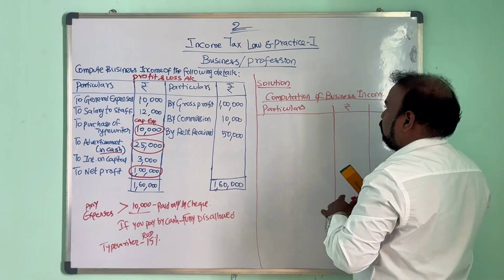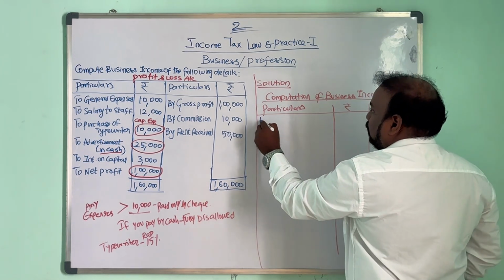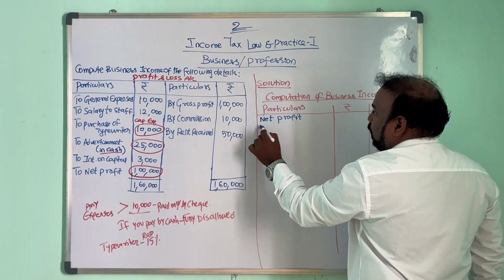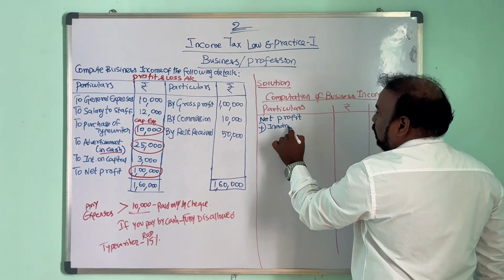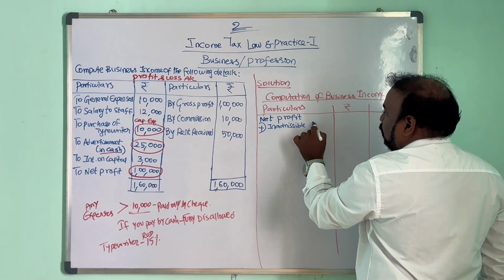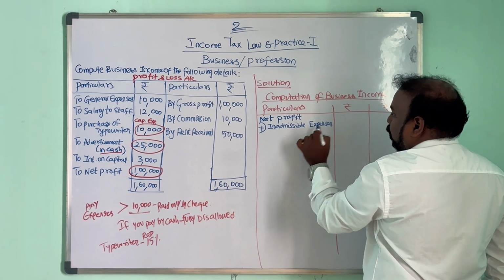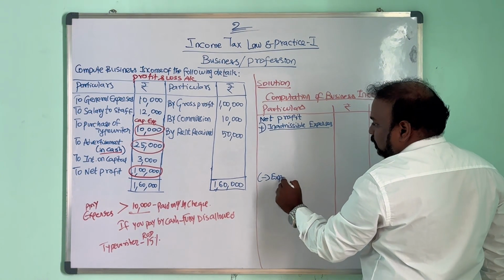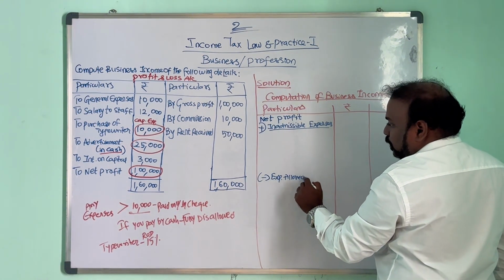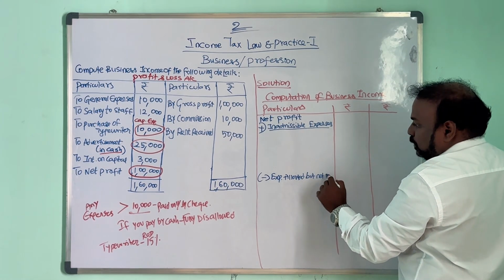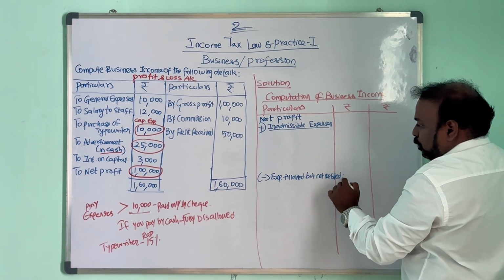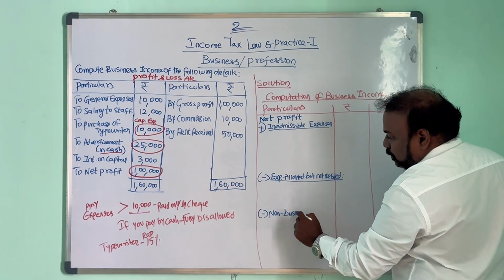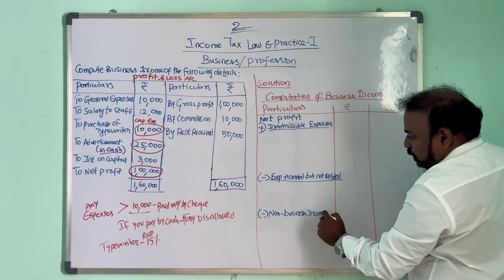The format of business income is: net profit, add inadmissible or disallowed expenses, then give some gap, minus expenses allowed but not debited, give some gap, then lastly, non-business income credited.